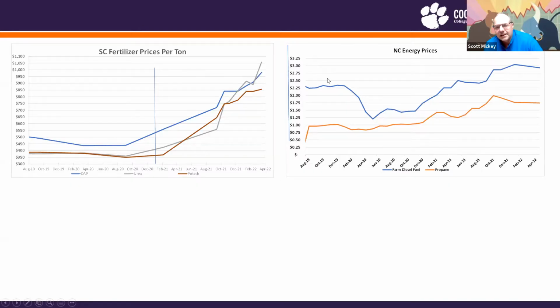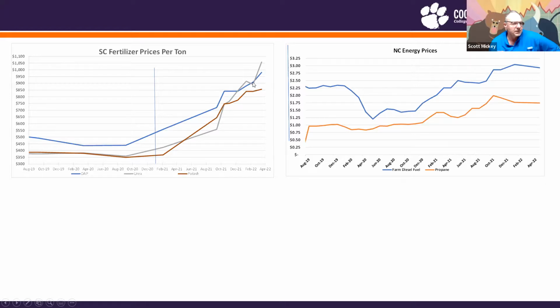So here are those slides I was mentioning a few minutes ago. You can see that in South Carolina, our fertilizer prices continue to increase. I think when we did this update in March, we were probably looking at these February numbers. And since February, you can see that urea has gone from about $900 to over $1,000 a ton. That's only 2 months, and that's a pretty hefty increase.